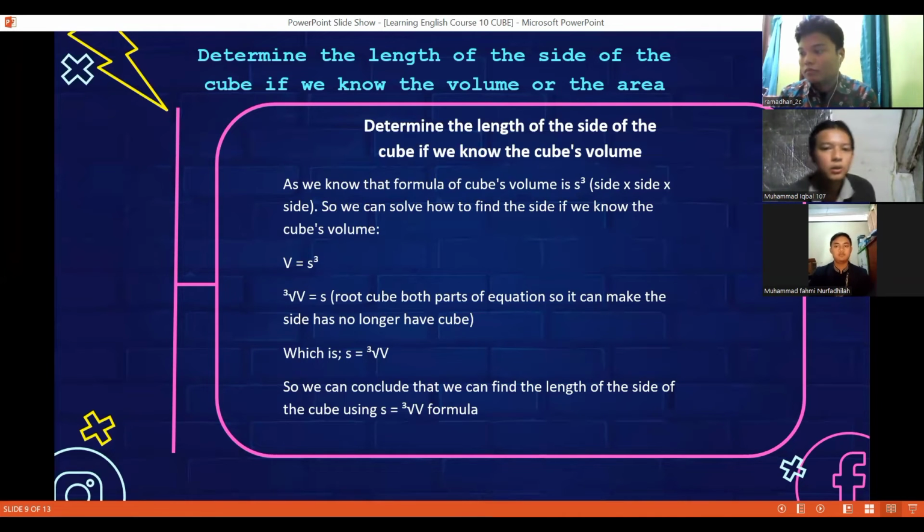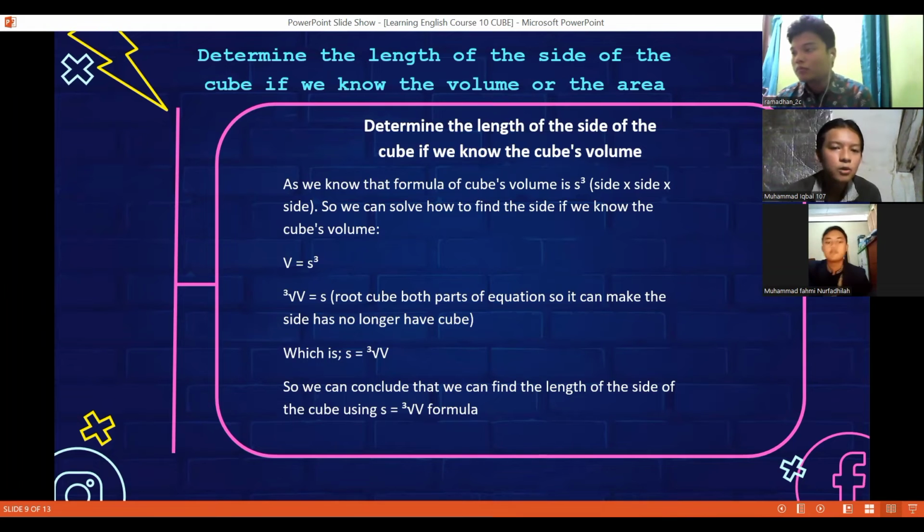As we know, the formula of the cube's volume is s cubed, which means side times side times side, 3 times in a row. So we can find the side if we know the cube's volume by the formula. The formula is volume is equal to s cubed. So we remove the cube from the s.